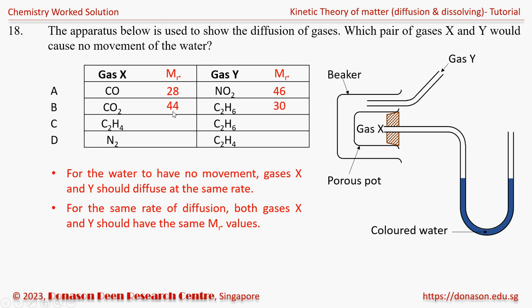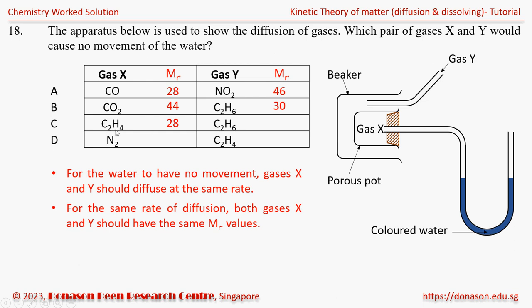In option B we can see that the MR values are not the same, or not equal. And option A also, for the same reason, they are not equal. When they are not equal, definitely there's going to be some net movement either up this way or on the right hand side up. So option B is also not having the same value of MR. If you look at option C, C2, twice 12 is 24, plus 4.